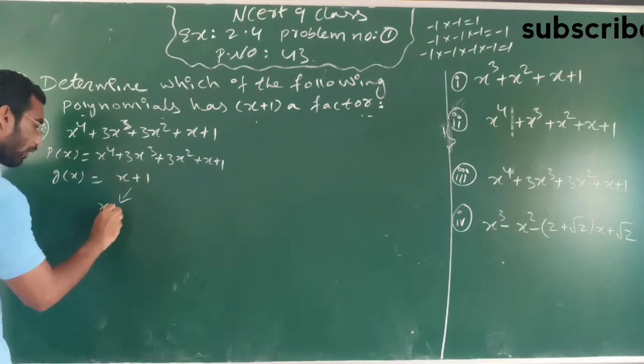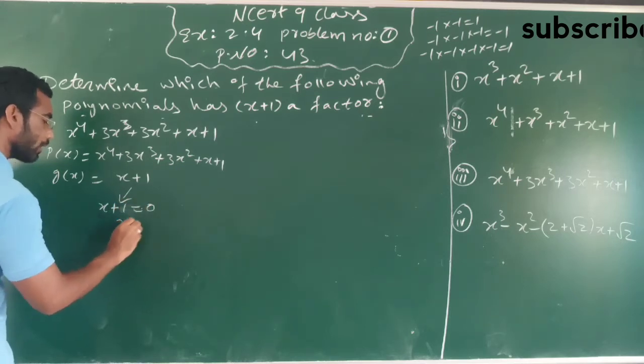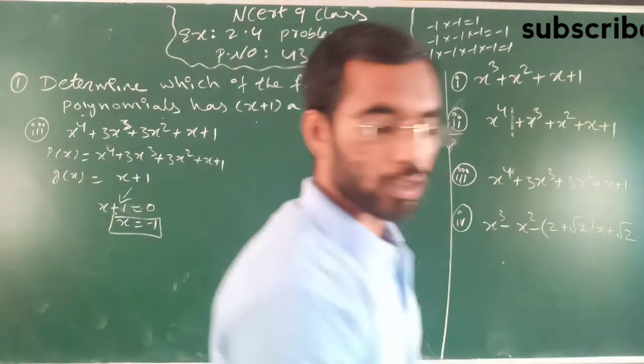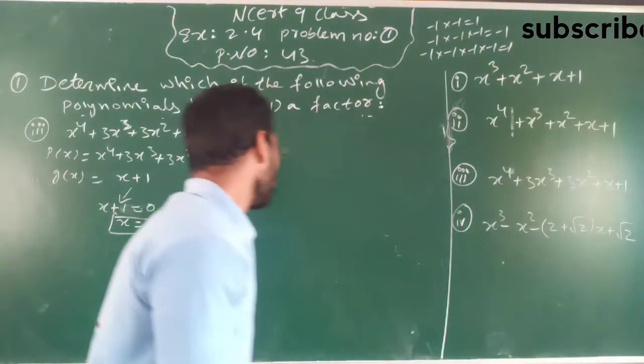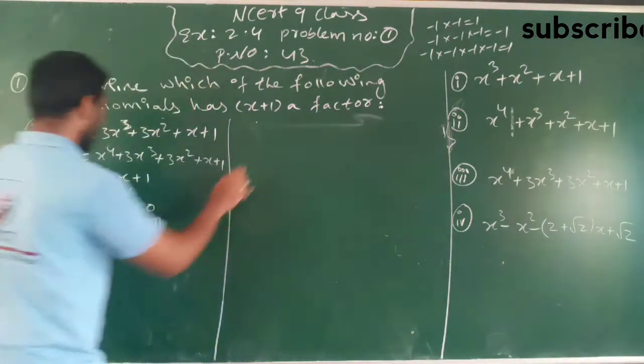Now x plus 1 equal to 0, x is equal to minus 1. Now we are going to substitute the value of x, that is minus 1, in the given polynomial. What is the polynomial given here?